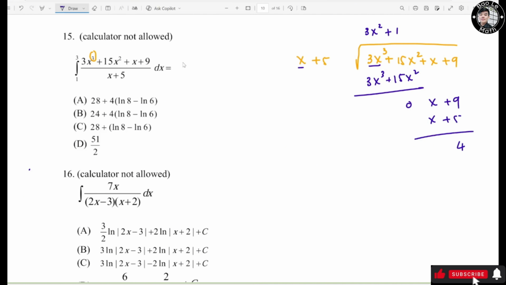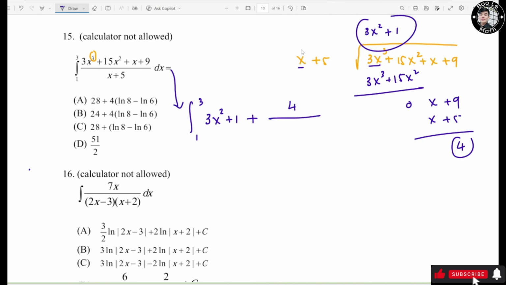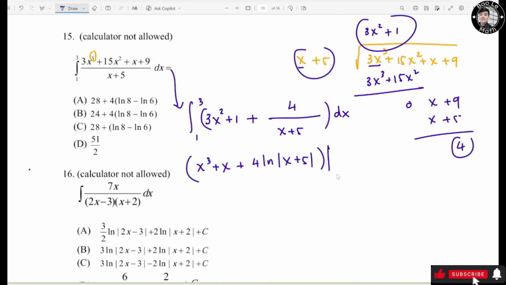So this one can be written as the integral from 1 to 3 of the quotient, 3s squared plus 1, plus the remainder 4 divided by the divisor s plus 5, all together ds. The antiderivative of this is s cubed plus s, and this part is 4 times ln of the absolute value of s plus 5, all evaluated from 1 to 3.